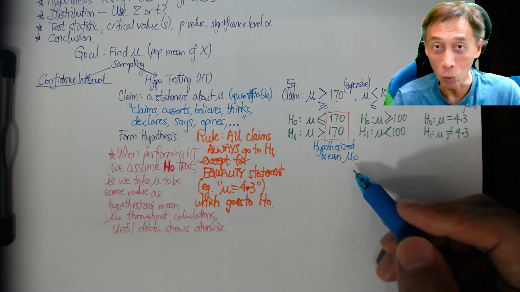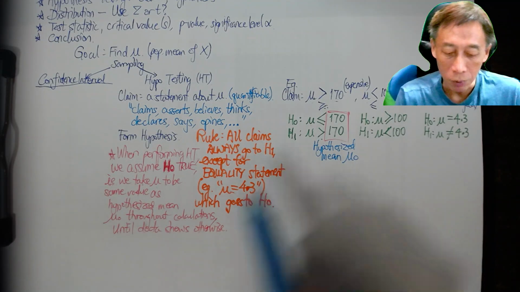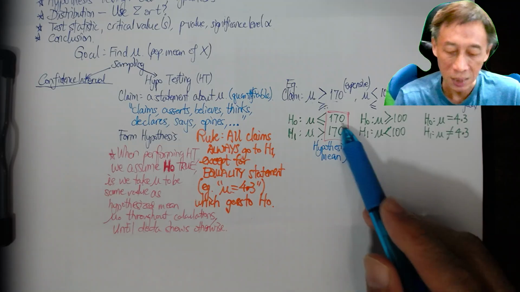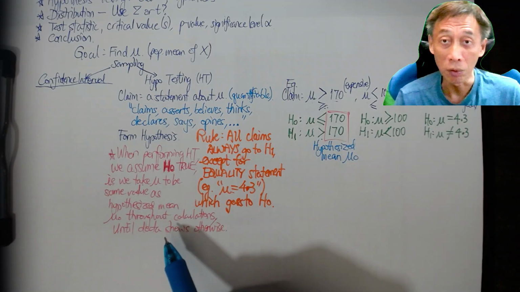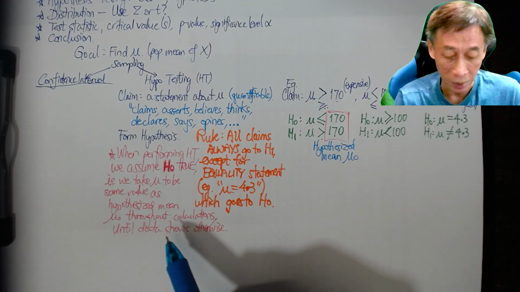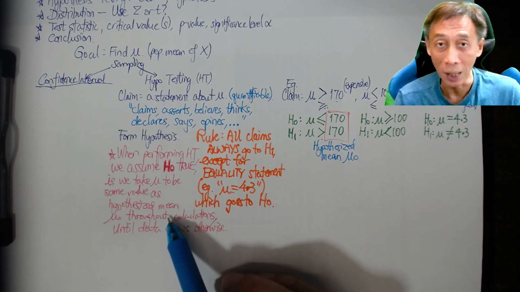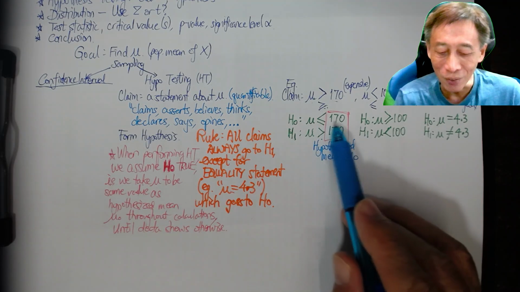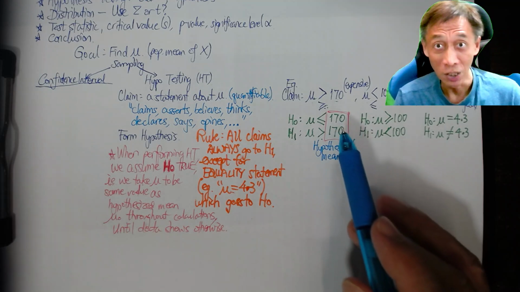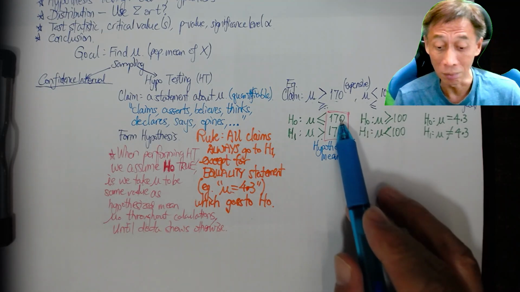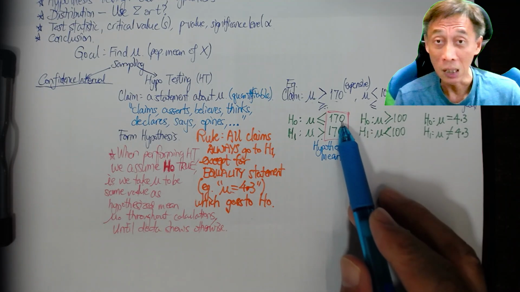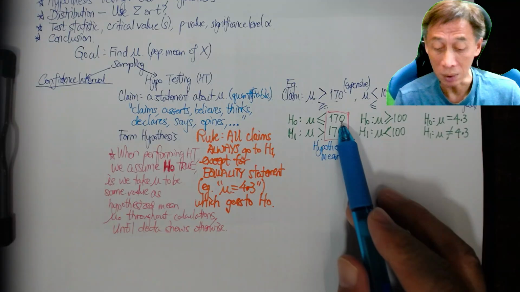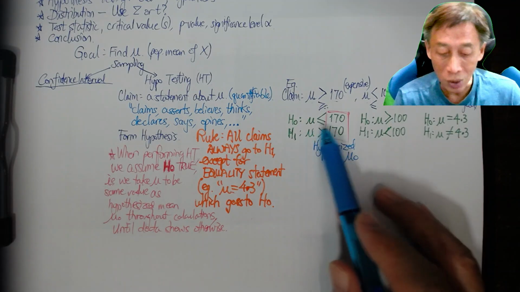Just give a number, quantified number, right? So we will take mu equals to 170 whenever we need to calculate z value or any other situation where mu arises. Then we take it as if it is 170 first. Of course, that's asserted. Mu is not necessarily 170, but we're going to treat it as 170.